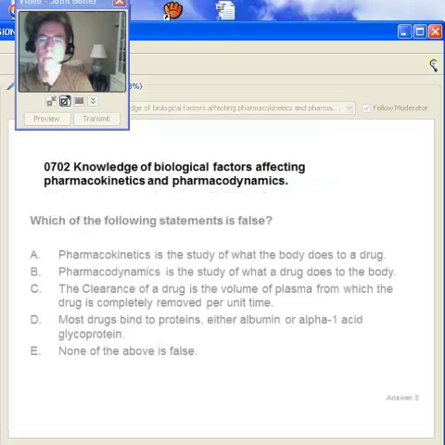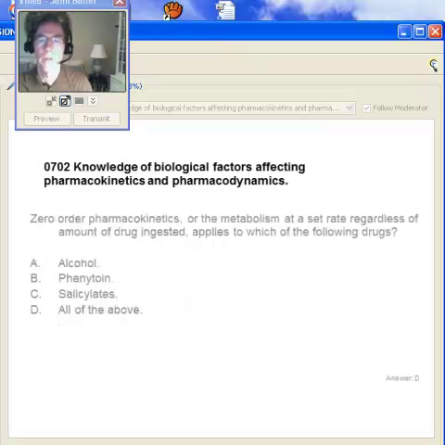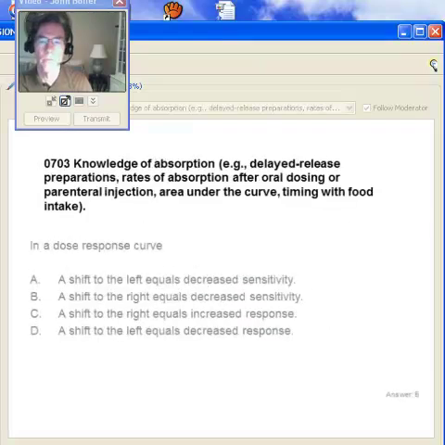Let's see, and then knowledge of biological factors affecting these things, pharmacokinetics and pharmacodynamics. And we have the same thing. Let's skip ahead. So I want you to see all 10 or 11 categories. Rates of absorption after oral dosing, parenteral injection, or area under the curve, timing, basically the way you give the dose of the medication.